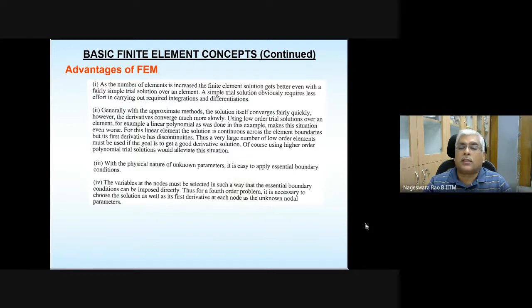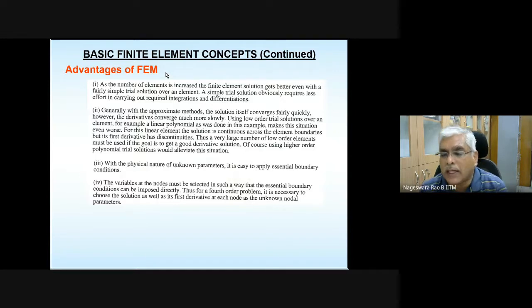Based on whatever we discussed, you can make these conclusions. As the number of elements is increased, the finite element solution gets better, even with a fairly simple trial solution over an element.